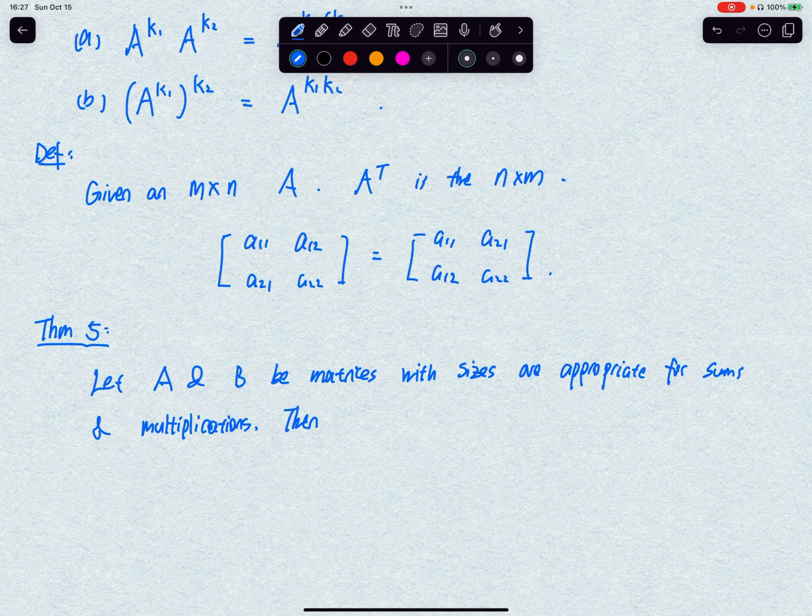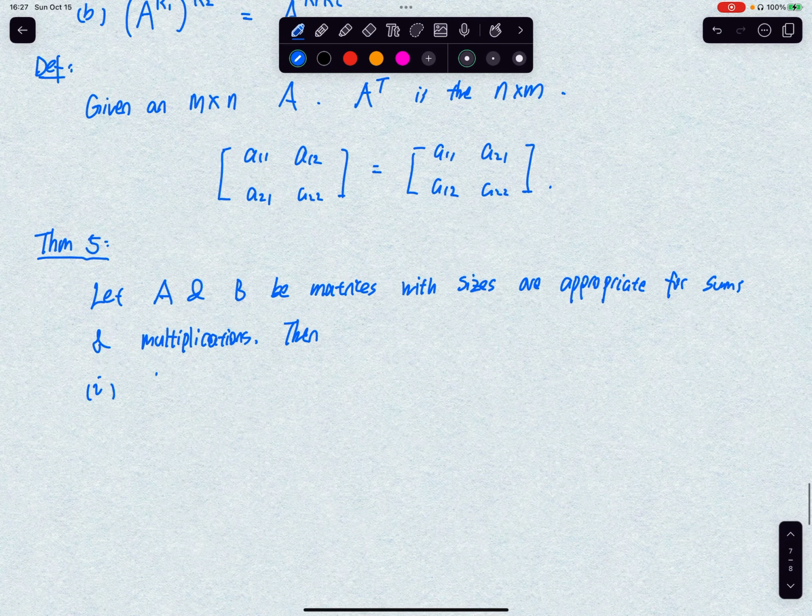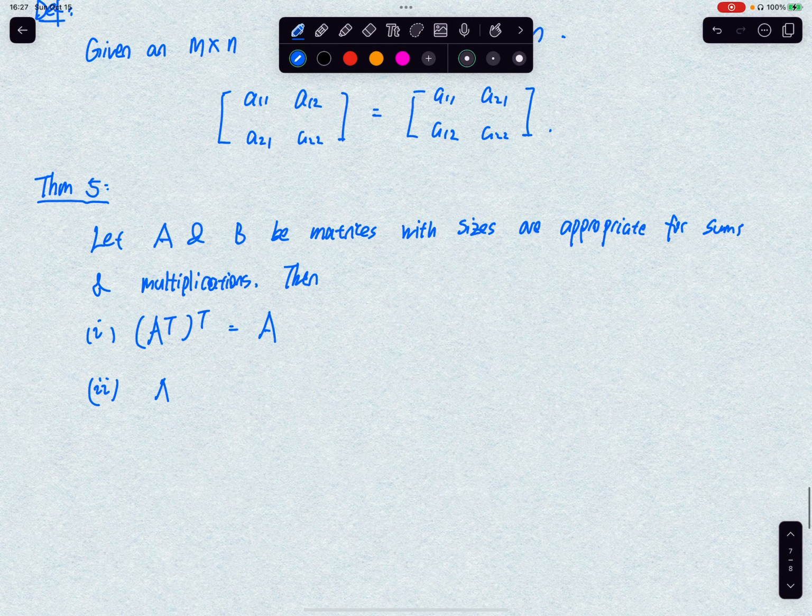Then we have, firstly, (A^T)^T equals A. And secondly, (A+B)^T equals the sum of each transpose, A^T + B^T.